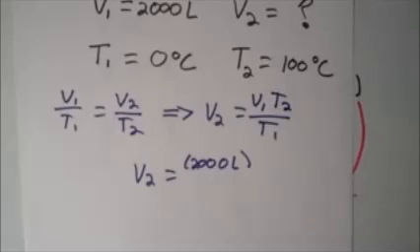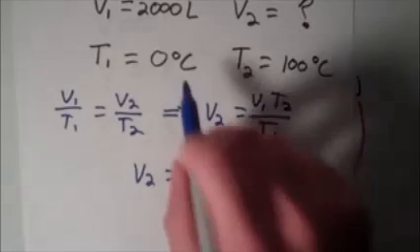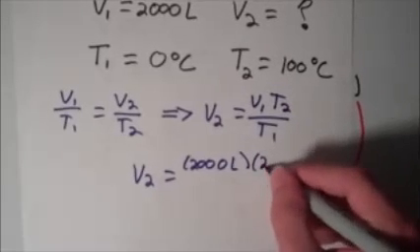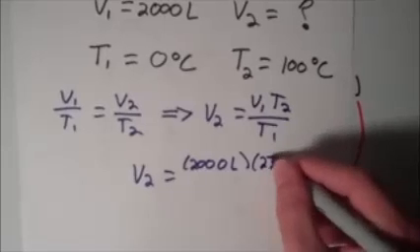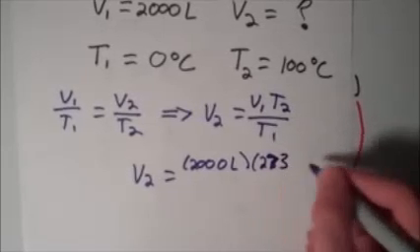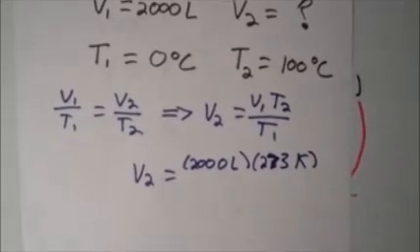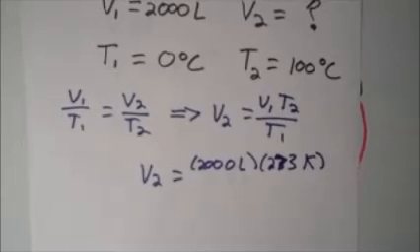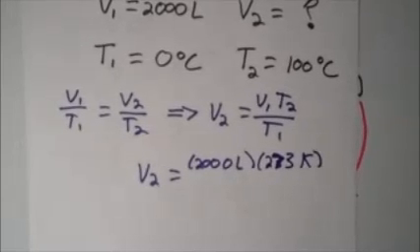So to convert from Celsius to Kelvin, remember we just add 273 degrees. So 0 degrees Celsius is actually 273 kelvins. It's actually 273.15, but for the purposes of this video, we'll just call it 273.